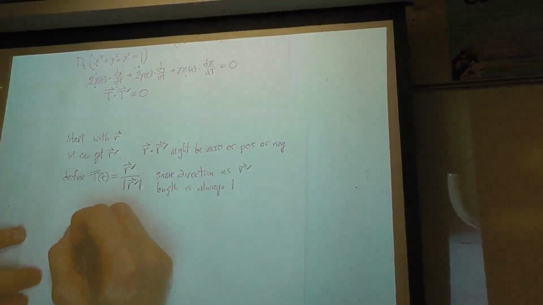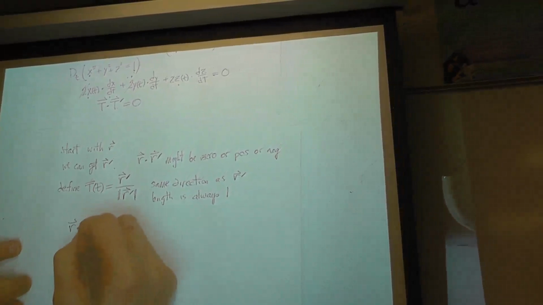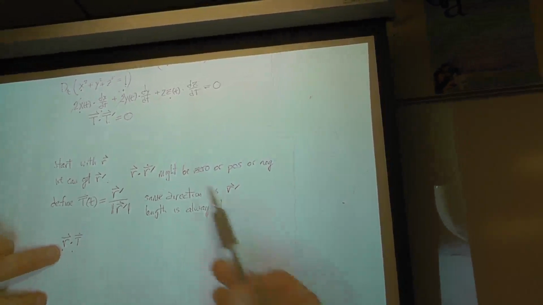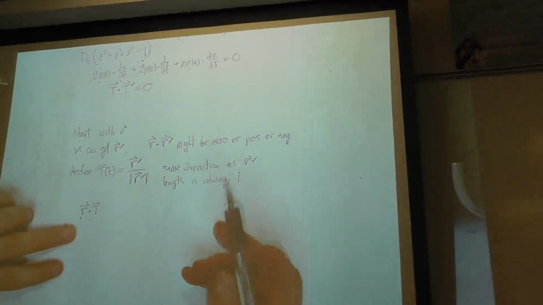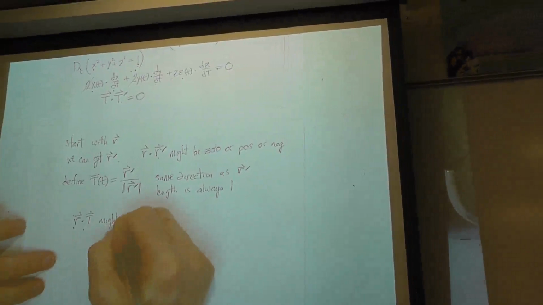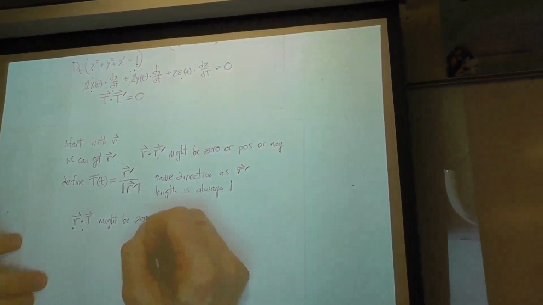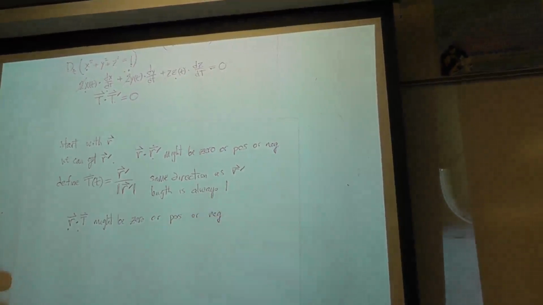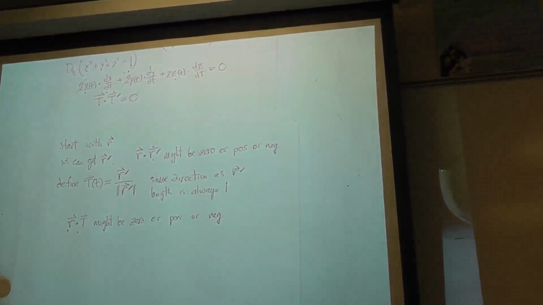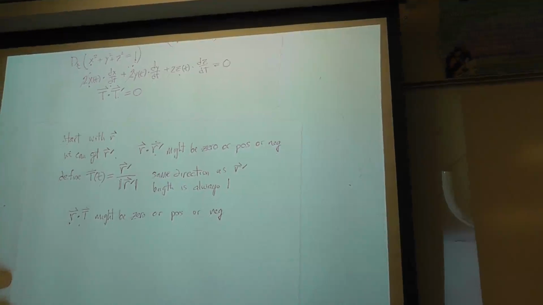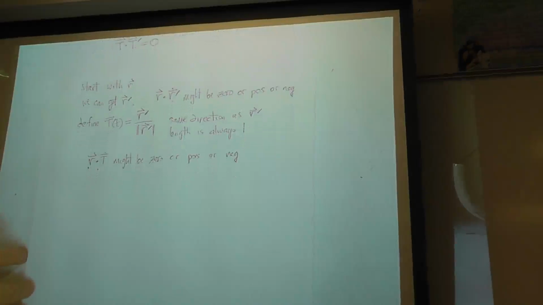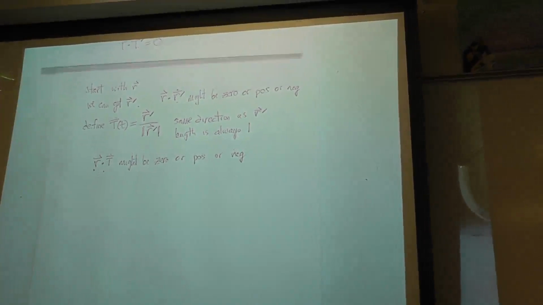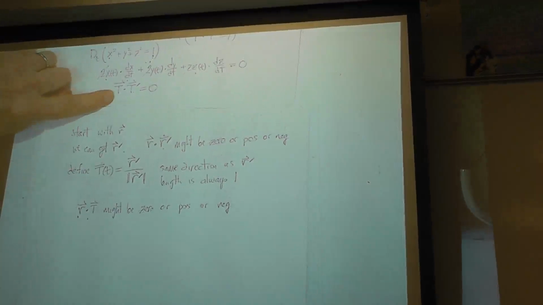And if you looked at, for some reason, R dotted with T, all T is a multiple of R prime. So that might be 0, or a positive number, or a negative number as well. Not R with T prime, T with T prime.